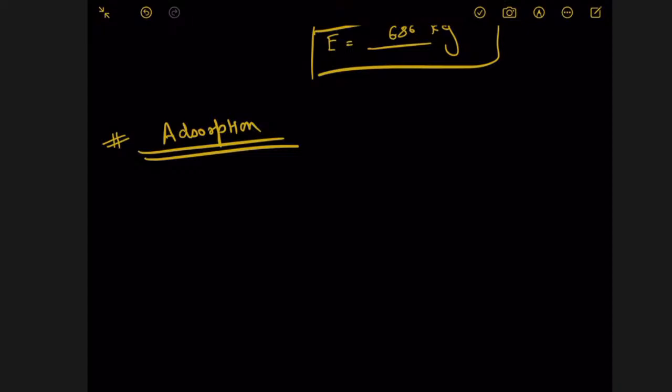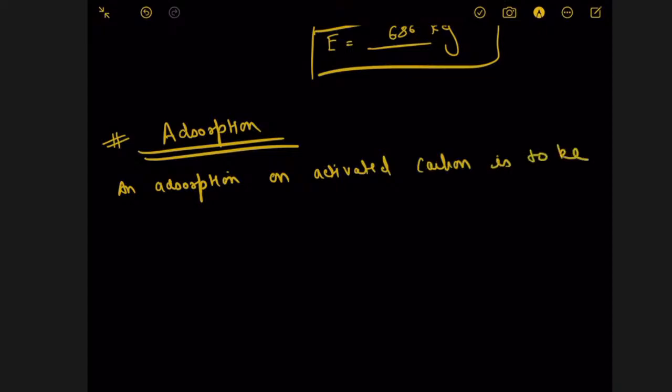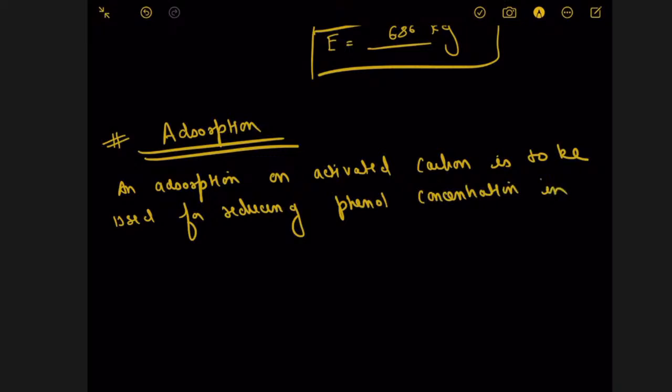So an adsorption on activated carbon is to be used for reducing phenol concentration in wastewater from 0.05 mole per liter to 0.008 mole per liter.